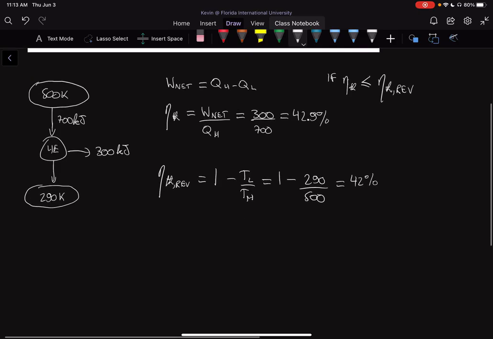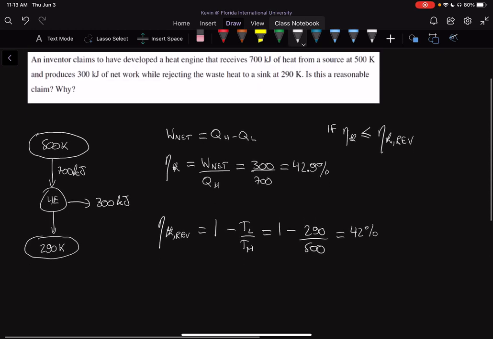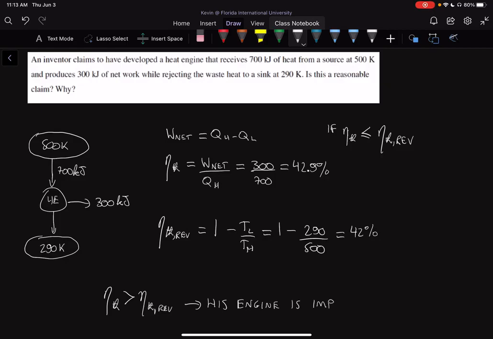Now we see that the thermal efficiency that the inventor has claimed is higher than that. So we can say that η thermal is greater than η thermal reversible. And we had looked at this in part 3. We can say that his engine is impossible.